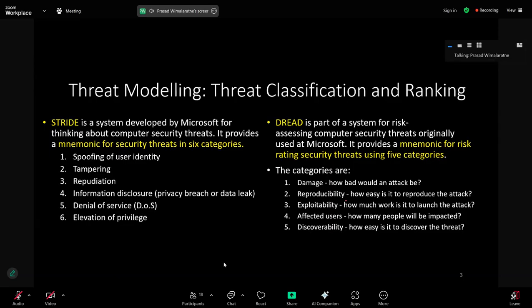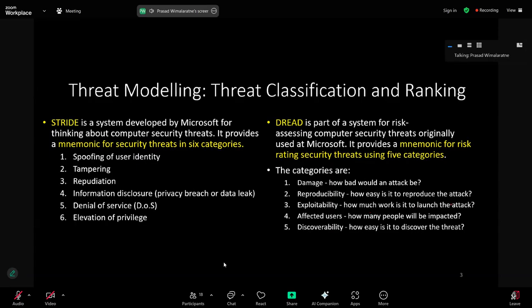And reproducibility means how easy it is for that particular attack to be reproduced. Is it hard or is it quite straightforward? Does it have to be a novice person or some professional hacker? We can put a scale again, on a scale of 1 to 5, for example, or 1 to 3 or whatever. And exploitability is how much work is necessary to launch the attack.